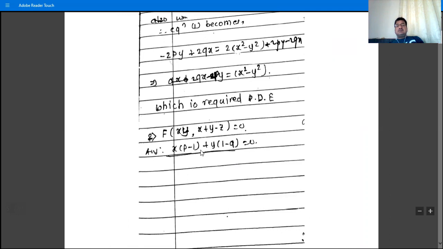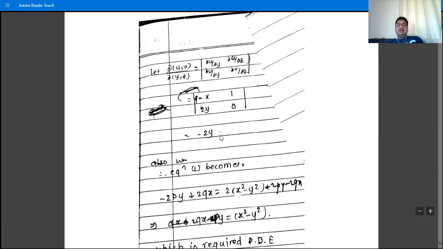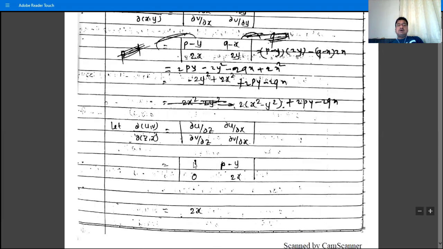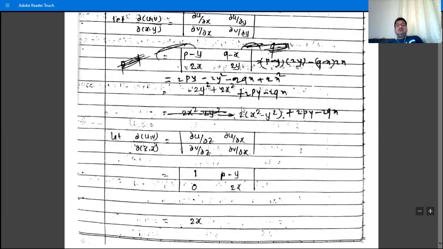So in the next topic, this is given that 2qx minus 2py is equal to x square minus y square. That is, this is the given partial differential equation, and we have to find its solution. So its solution is of this type: f of z minus xy comma x square plus y square is equal to 0.